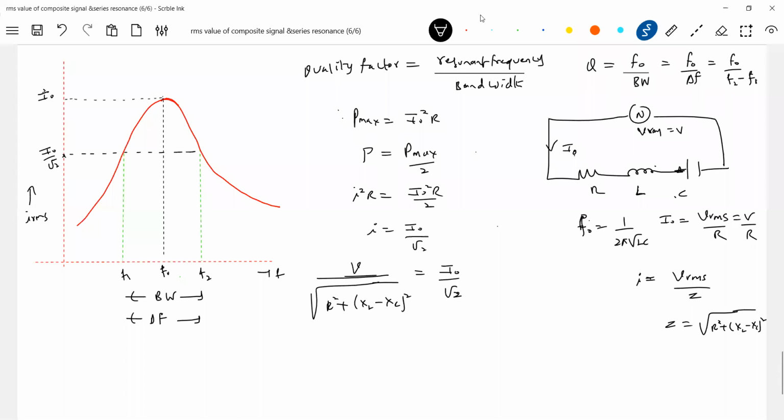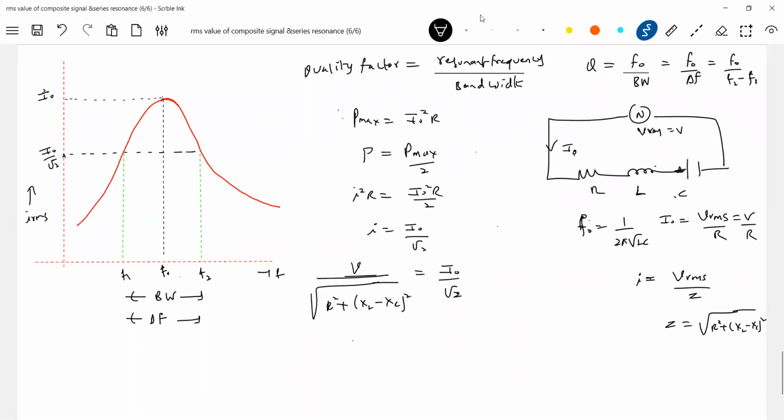I naught is the current which is flowing at resonance. Further, what is I naught? We can write I naught is equal to V naught by R.